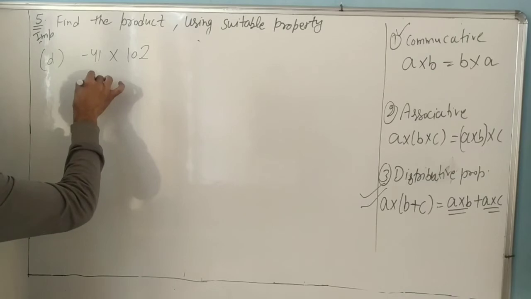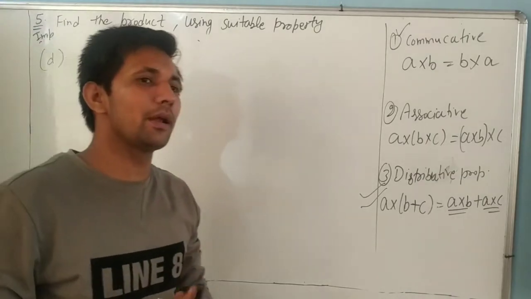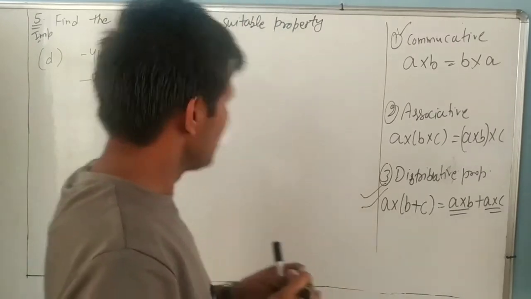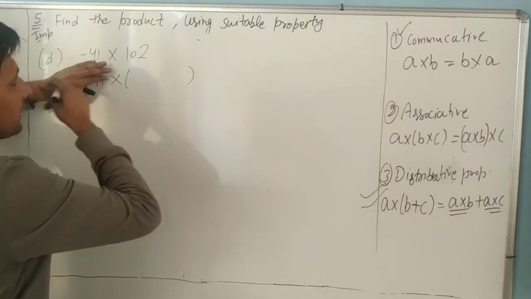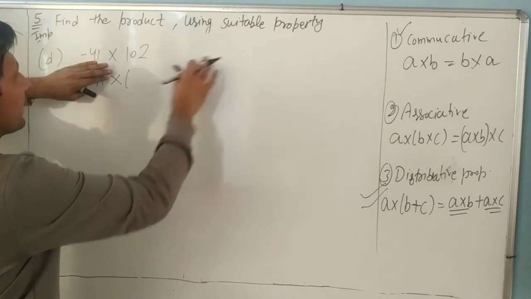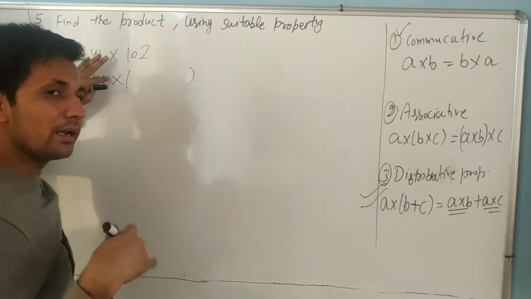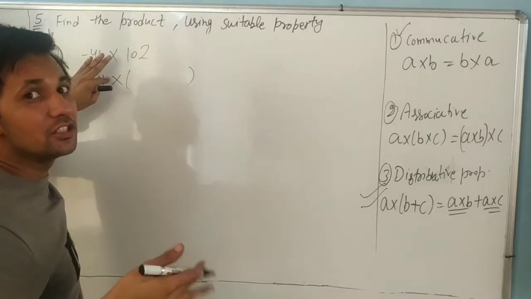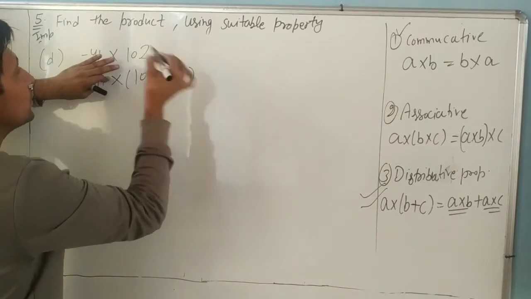Always try to write a number as a sum of two numbers in which one number has unit digit 0. Okay, because what can we write? Can we write 100 plus 2? Yes.